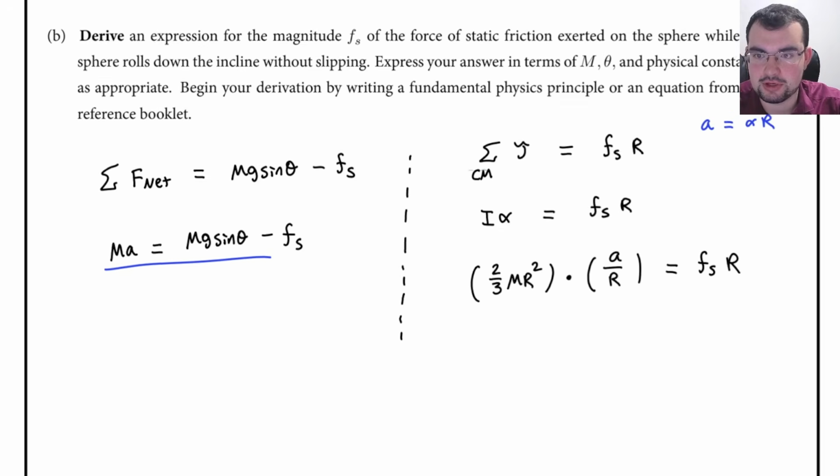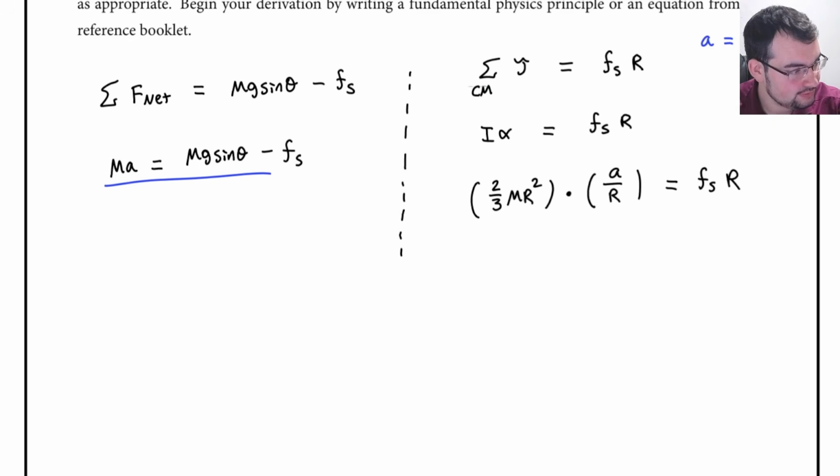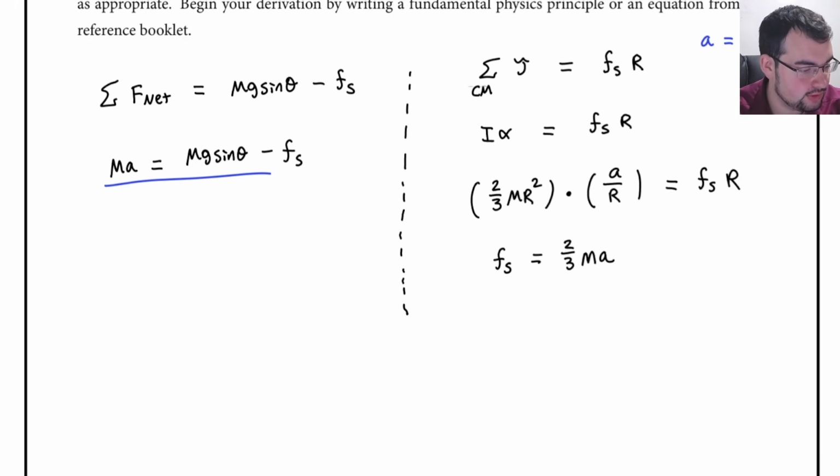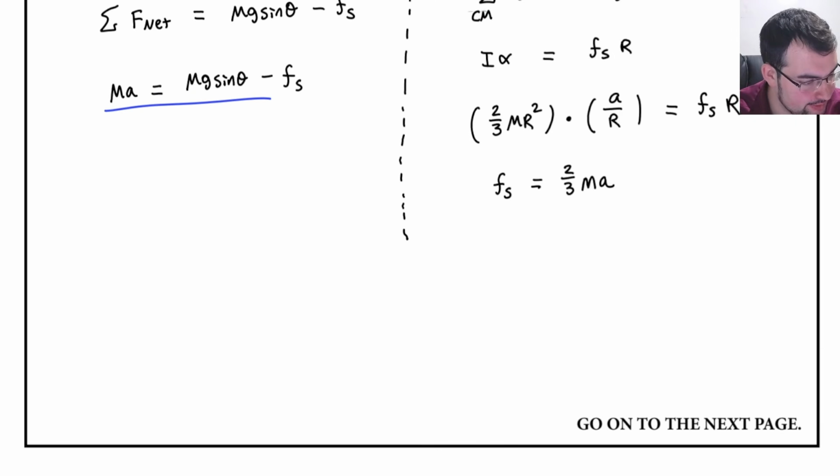So we can just reverse that to get a. So if you actually simplify this down, we would get Fs is equal to 2/3 ma. It looks like, yeah, that makes sense to me. 2/3 ma.